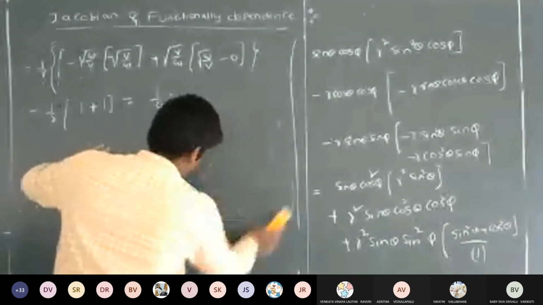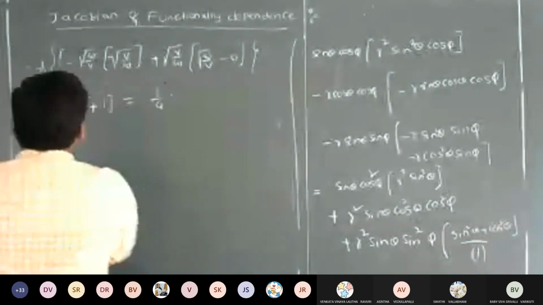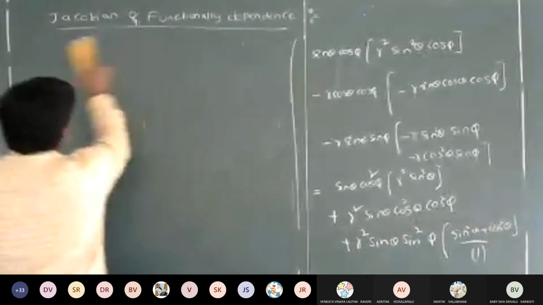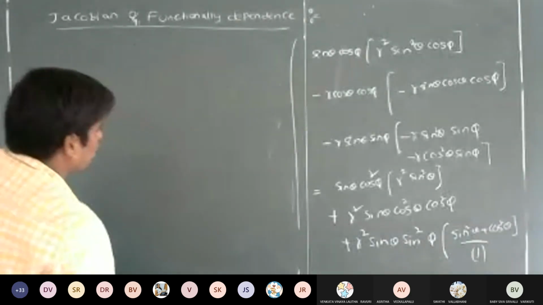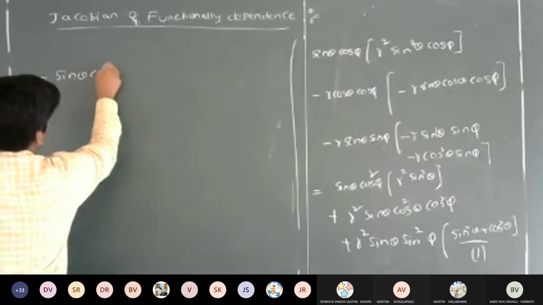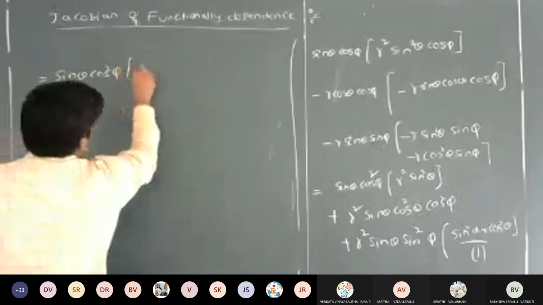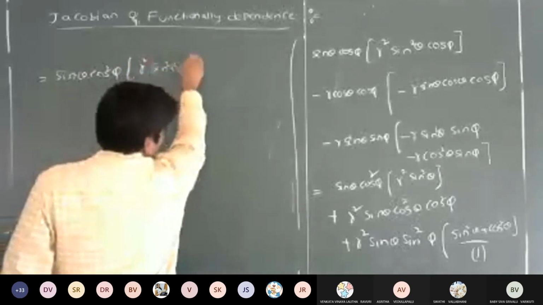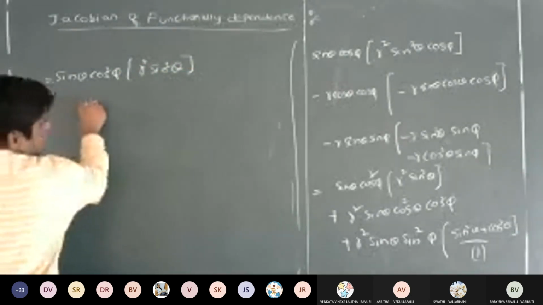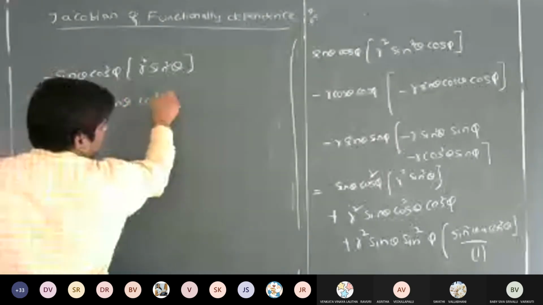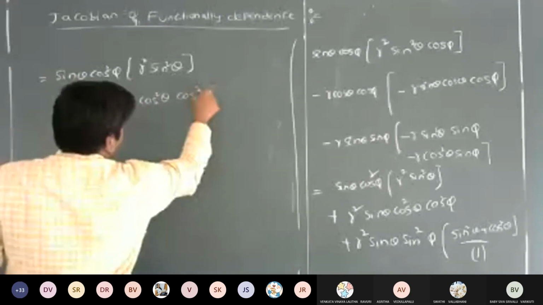So therefore, that is equal to sin theta cos square phi into r square sin square theta, plus r square sin theta into cos square theta cos square phi.